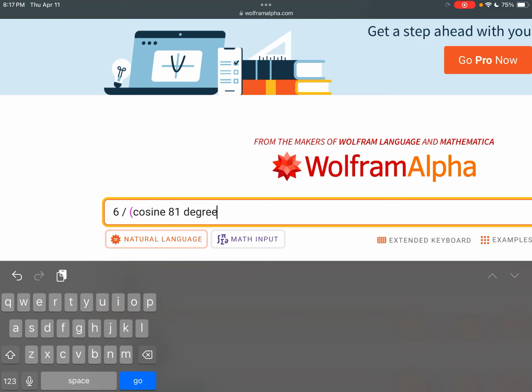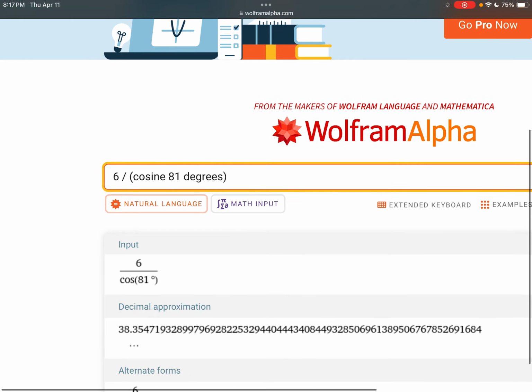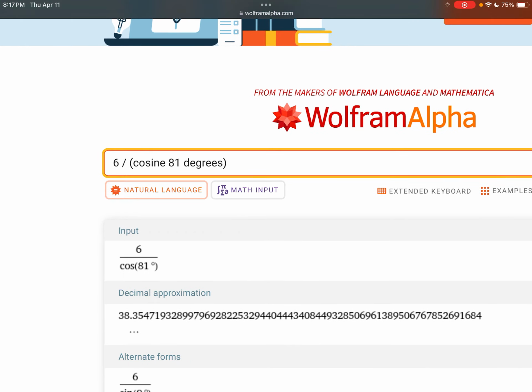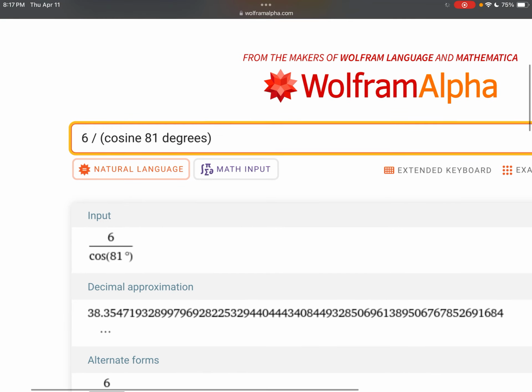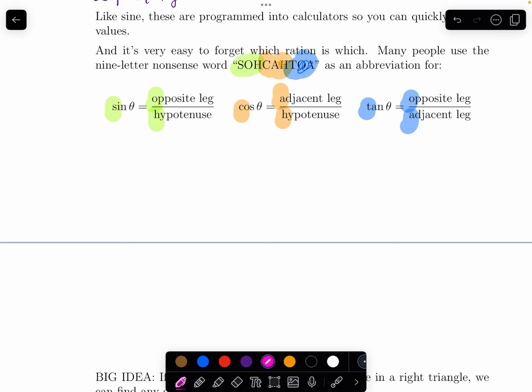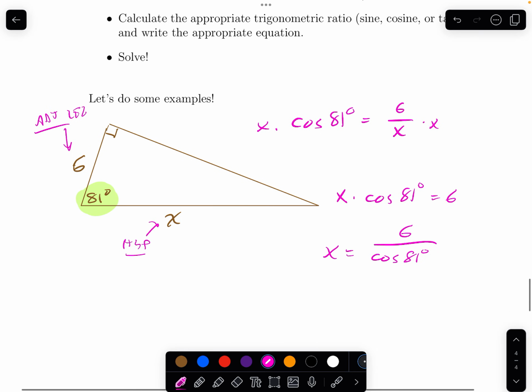It's a little awkward that I'm typing this rather than doing it on a calculator. And this works out to be about 38.355. So my picture here was not perfectly accurate. I think this is not close enough to 81 degrees. But certainly x is substantially longer than 6. That's supposed to be true.